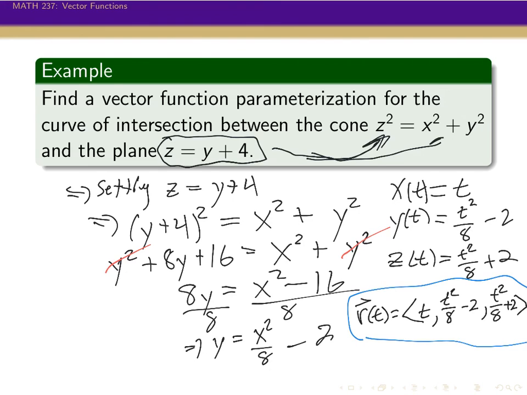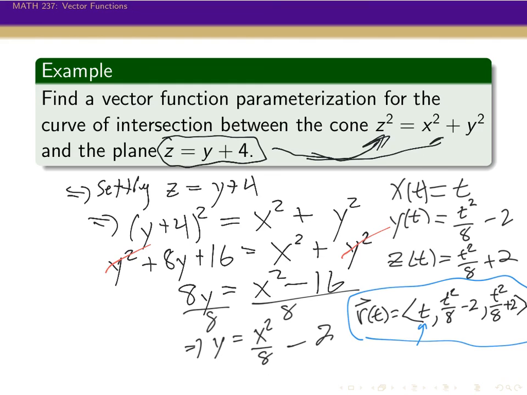And so why do I know it's going to be a parabola and not something like an ellipse? Well, it's from looking at this x-coordinate. The x-coordinate's just t. And so it's never going to wrap back on itself. The x-coordinate's just going to continue going out in one direction. And so it can't close on itself like an ellipse does. And also, what we have here is a cone with a plane sliced through. And so this is what's called a conic section.